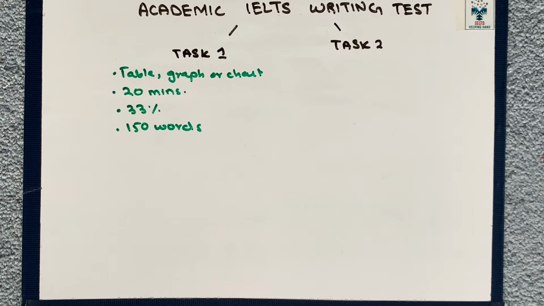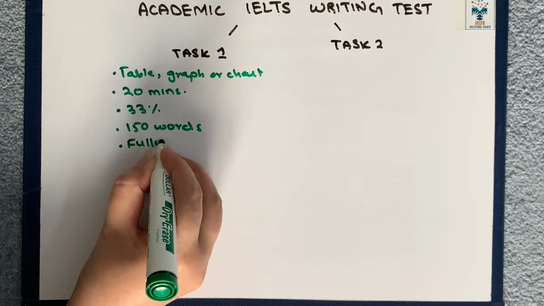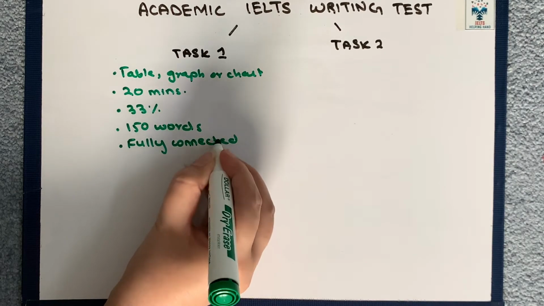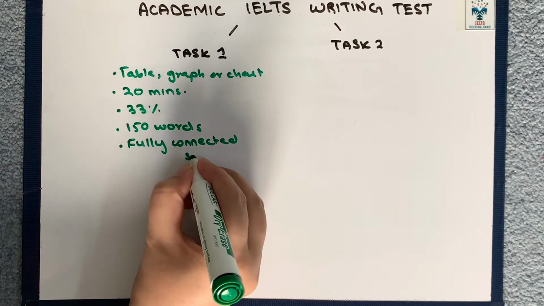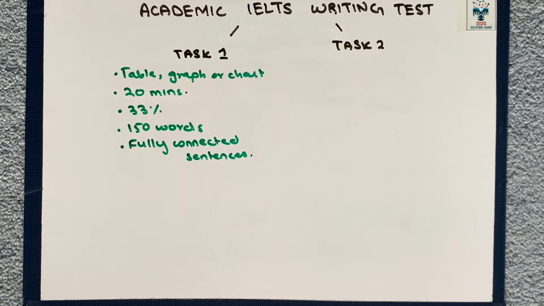Test takers should also note that they will be penalized for not writing their response in fully connected sentences. This means that you should write in the form of paragraphs and should avoid using bullets in any part of your response.